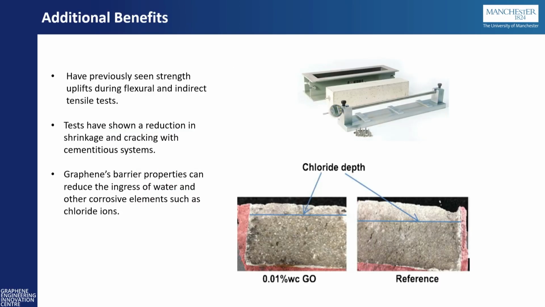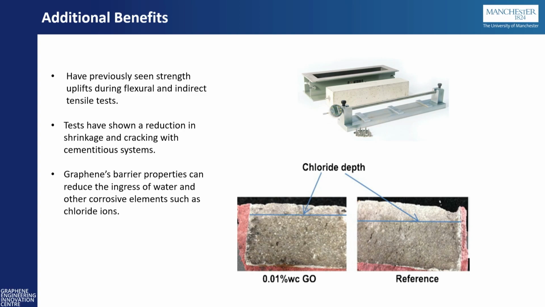All the benefits. The barrier properties is a big one. But graphene is a barrier itself. It's completely impermeable. But what we've done is we've changed that crystal structure and we've regulated that pore structure, and that has allowed us to prevent the ingress of any kind of aqueous products, water, salt water, chloride ions, anything that could deteriorate the concrete.